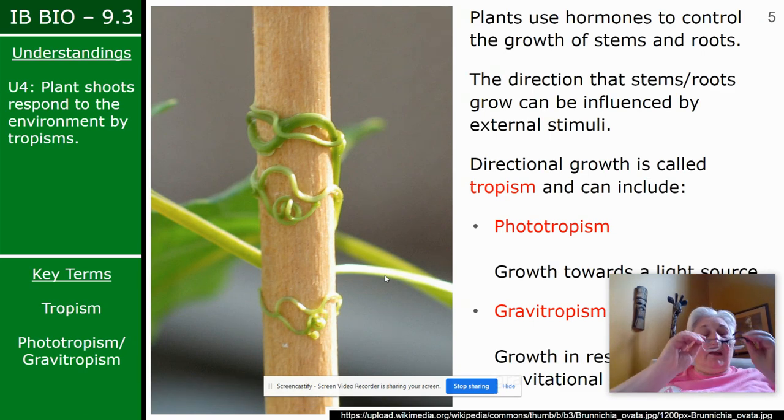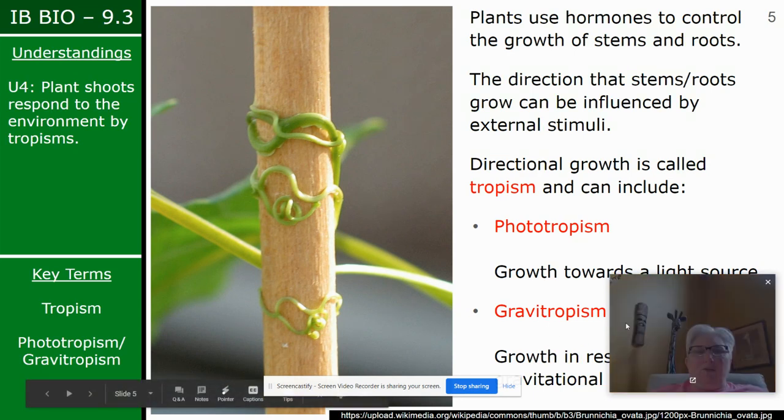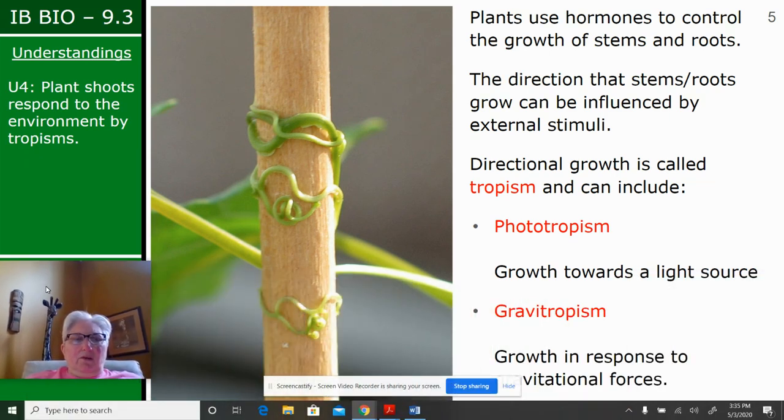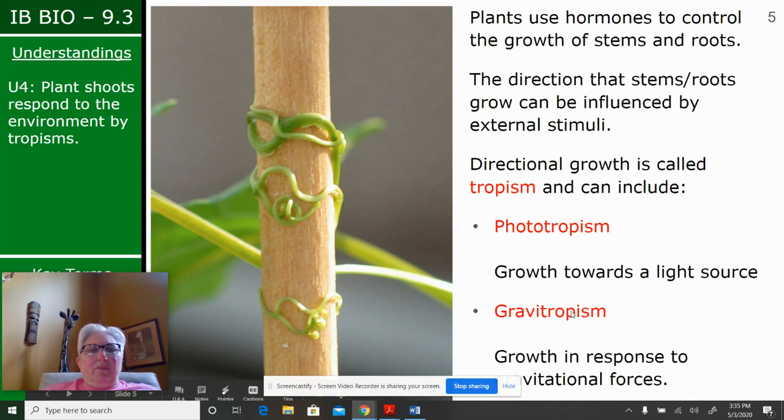Now, whenever we're talking about some sort of directional growth, that's where we're talking about a tropism. And tropisms can be one of two things, right? Either a phototropism, it's over here a little bit, or a gravitropism. Now, phototropisms mean that the stem is going to usually grow towards the light, and the roots grow away from the light.